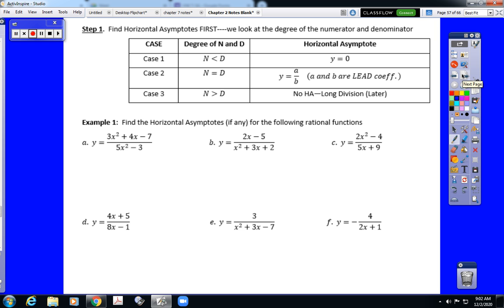So the first thing we need to talk about is how to find the horizontal asymptote. We are going to focus on cases 1 and 2 where there are actually horizontal asymptotes, not case 3. And this is all based on the degree of the numerator and the denominator. If the degree of the numerator is less than the degree of the denominator, then the horizontal asymptote is the line y equals 0, or the x-axis.